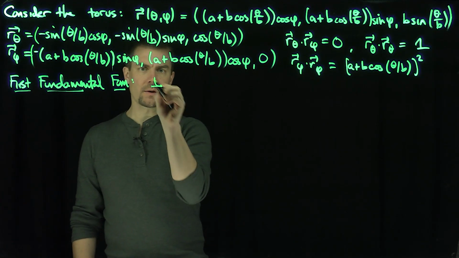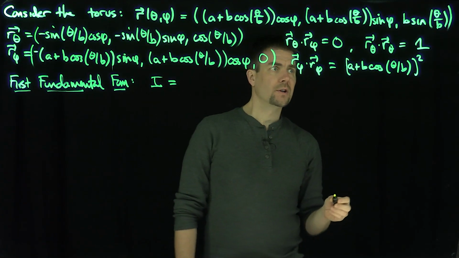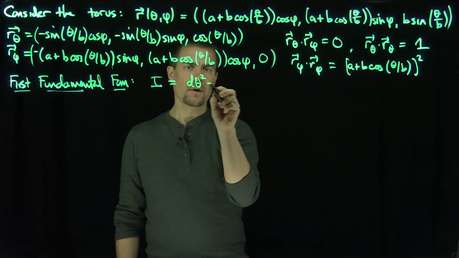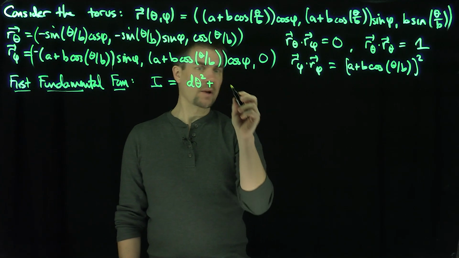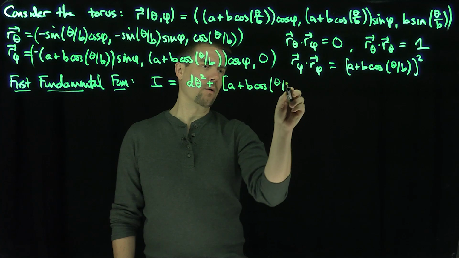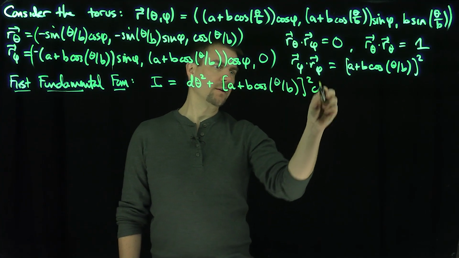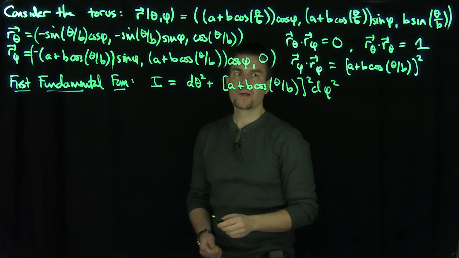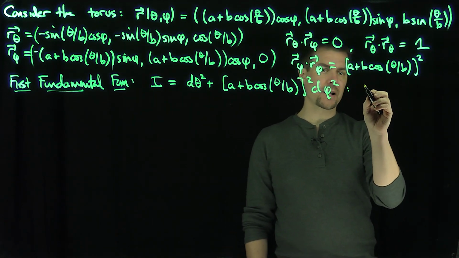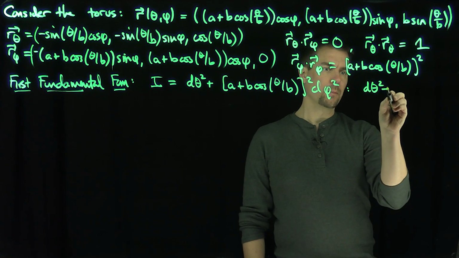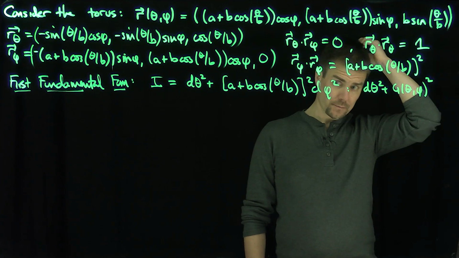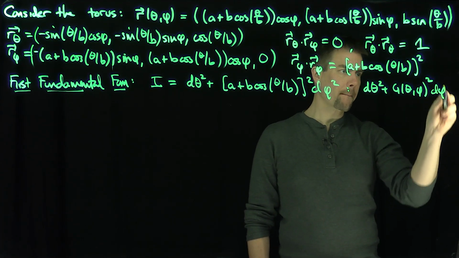It's just going to be d theta squared, plus a plus b cosine of theta over b, quantity squared, d phi squared, right? This has exactly the form of d theta squared plus g of theta and phi squared, d phi squared, right?